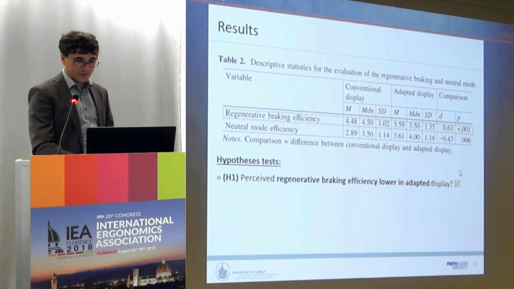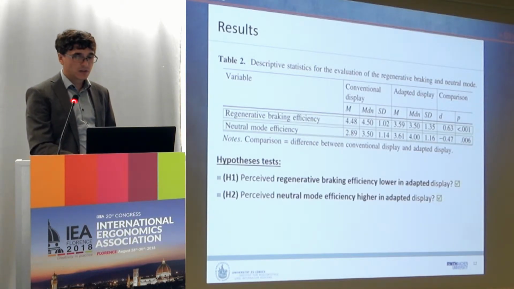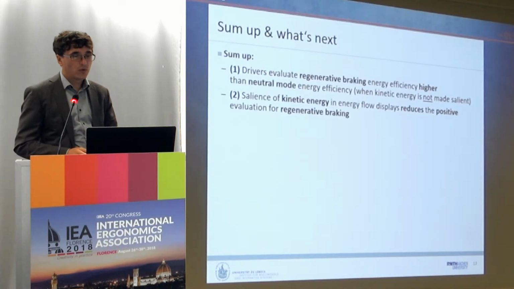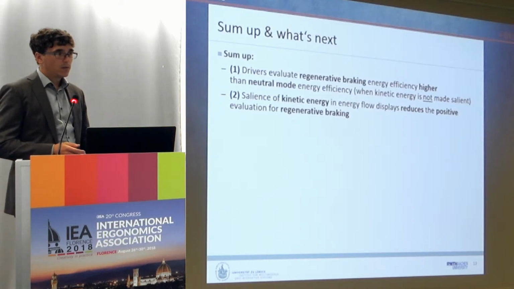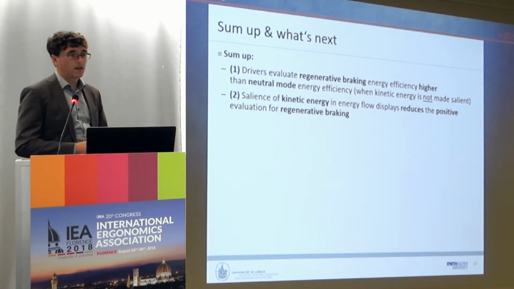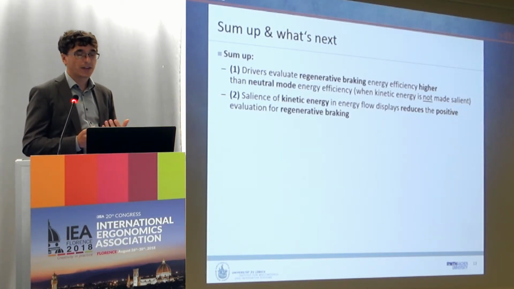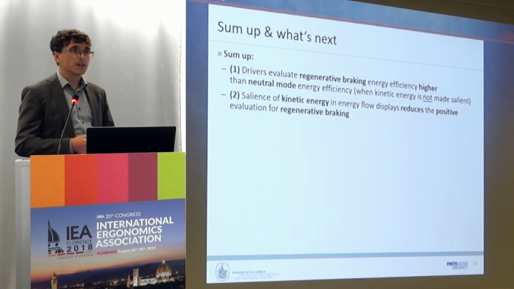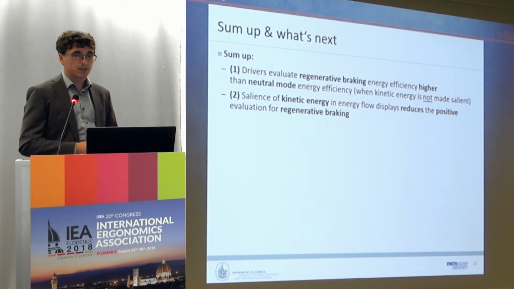So both of these hypotheses were confirmed in this first study. So what can we take from this? First of all, we can say that indeed drivers evaluated regenerative braking energy efficiency higher than neutral mode energy efficiency in the baseline condition. That's more or less what we already found in earlier studies.